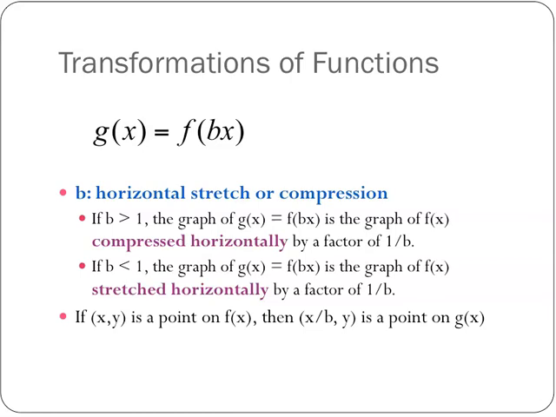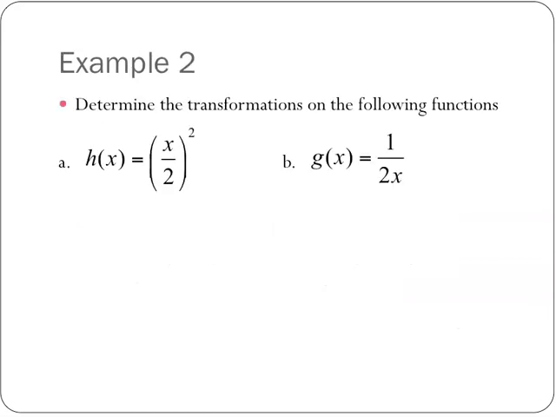Take a look at example 2. Determine the transformations on the following functions. h of x equals (x over 2) squared. So notice how in this case we have a quadratic, and inside of the quadratic, before it's being squared, we have x over 2. So in this case, let's write down what the parent function is. It's just your y equals x squared.